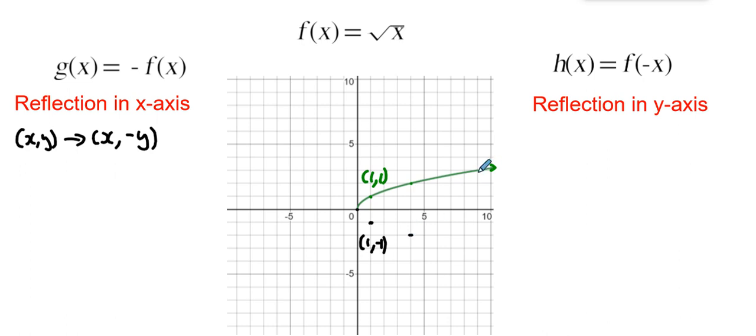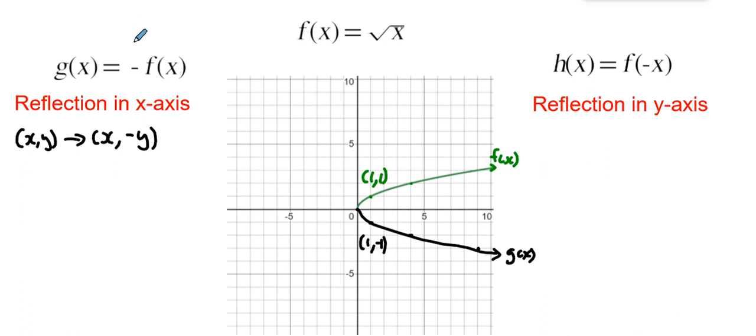And then, of course, knowing that (9, 3) will be the other point, we'll be able to connect these as best we can to draw our transformed function. And this is my g of x. And as I mentioned, this one up here is our f of x. And we can clearly see that it's been reflected in the x-axis.